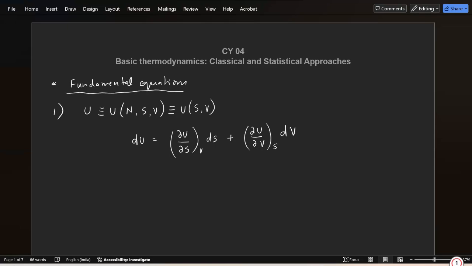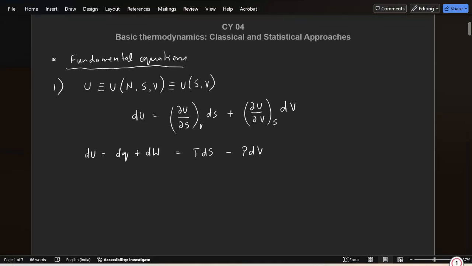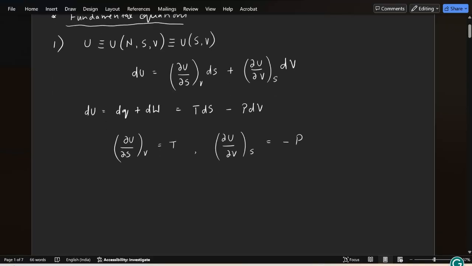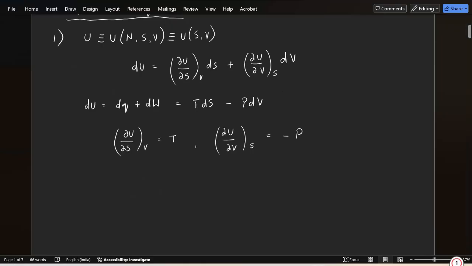Now we know that dU is equal to dQ plus dW, which is equal to TdS minus PdV. So if you compare these two equations, we can easily tell that del U by del S at constant V is going to be temperature, and similarly del U by del V at constant entropy is going to be minus P.